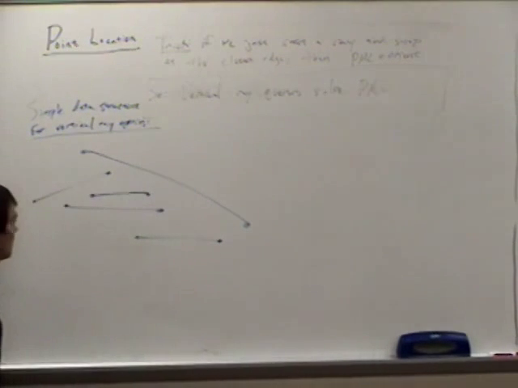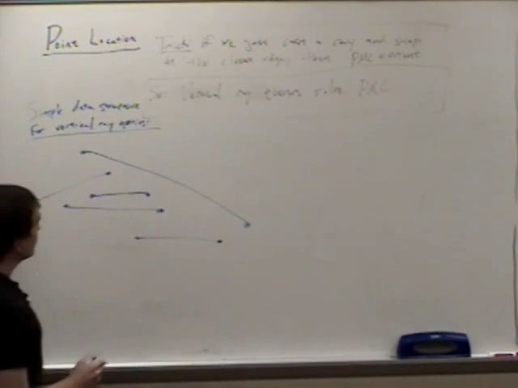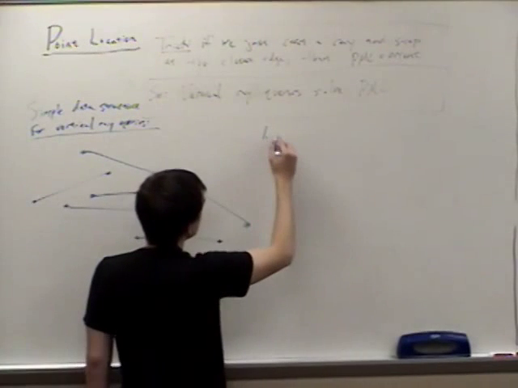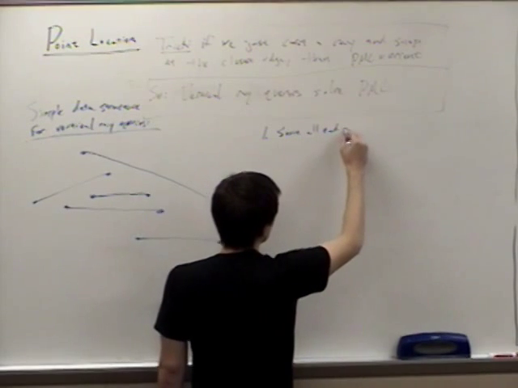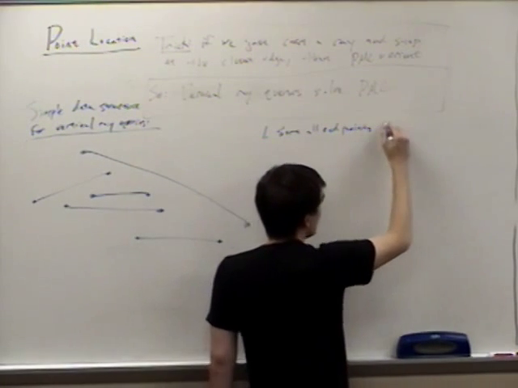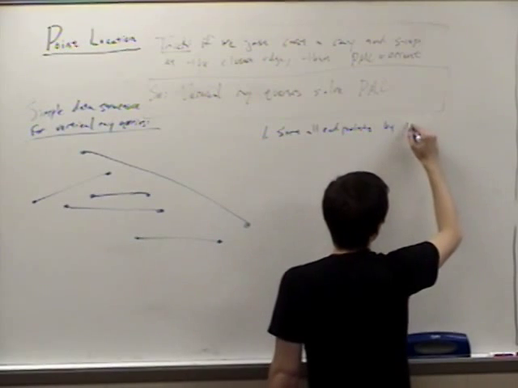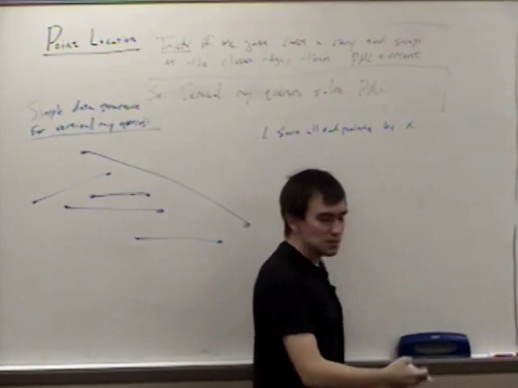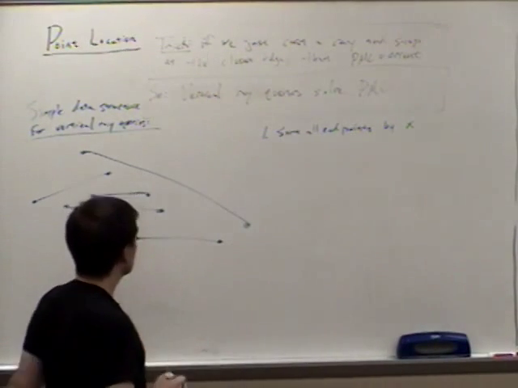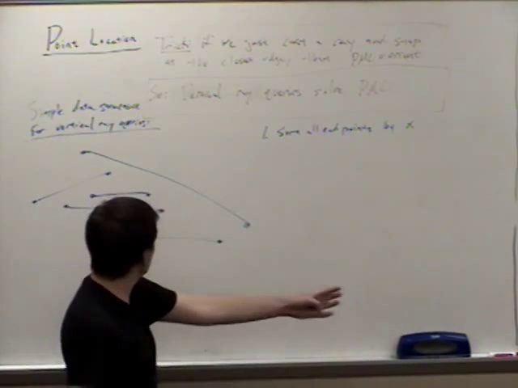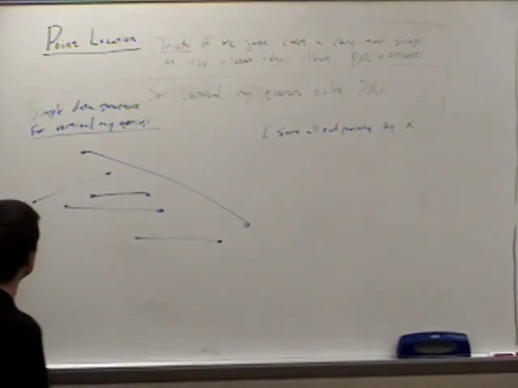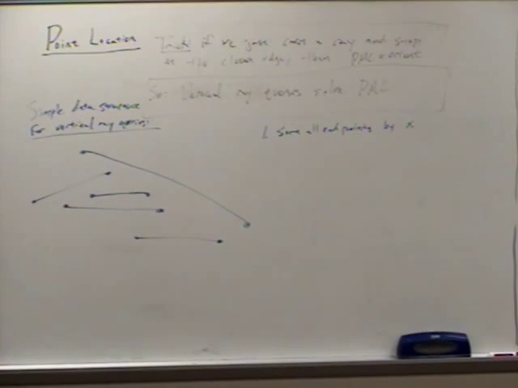OK, so here's the idea. First, sort all endpoints by, say, x. So along the horizontal axis, we're just going to sort them left to right. We'll just sort every single vertex in the entire set of segments left to right.